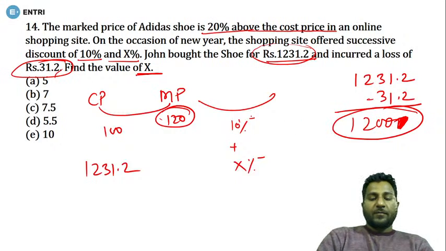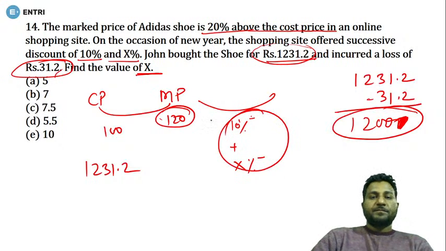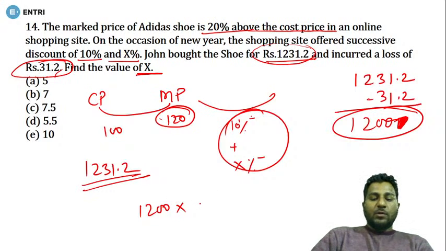Okay. Come on, everyone. Solve this one. So from 1200, we are getting what? 120%.